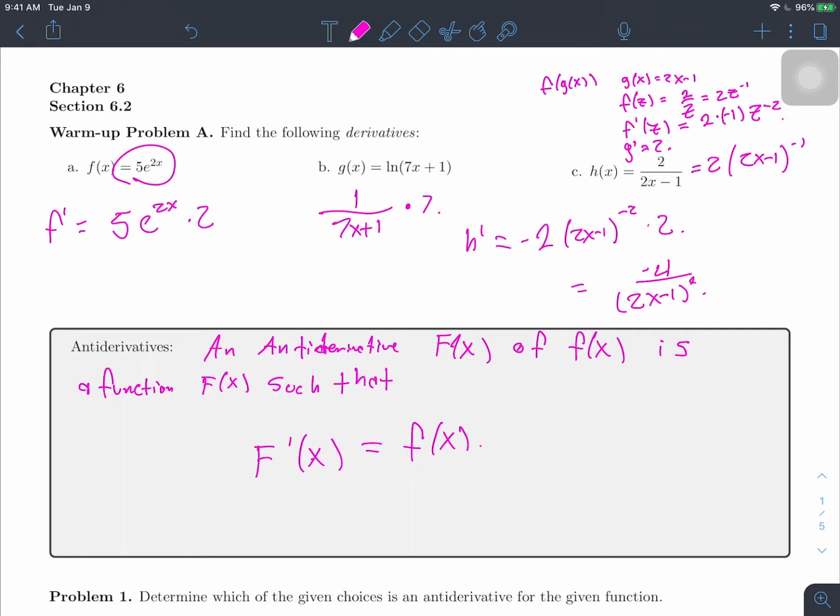Okay, so I guess we write the capital F to signify that it's like one stage up in the sort of integration derivation ladder, so to speak.